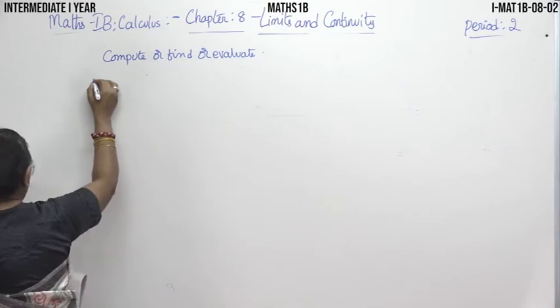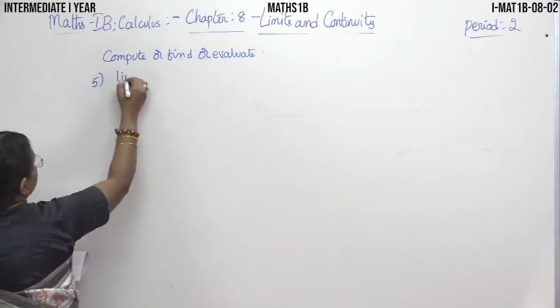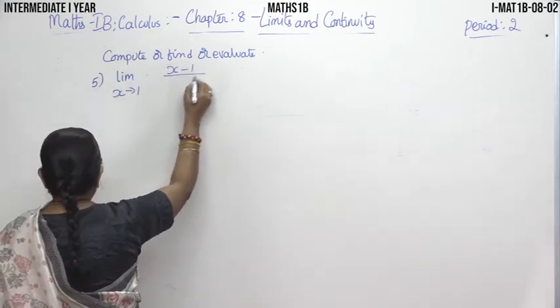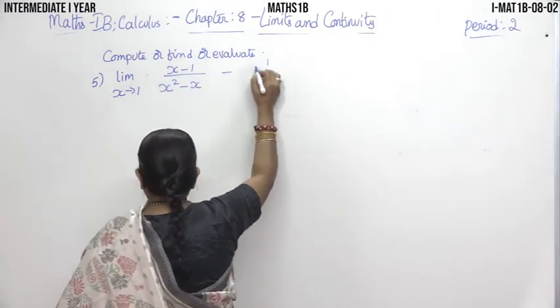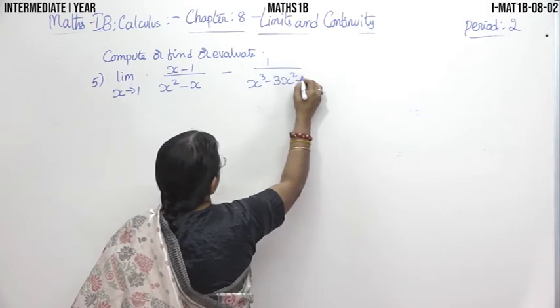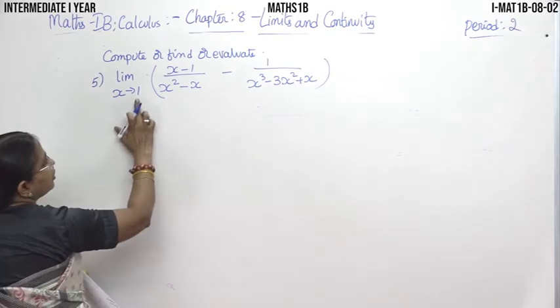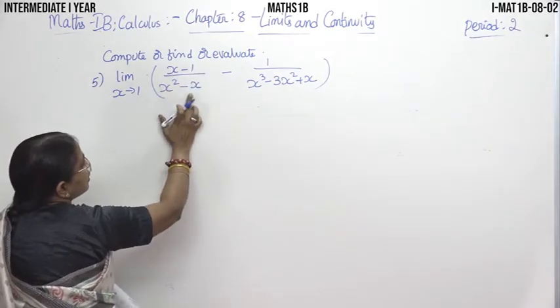Okay, fifth problem. Limit x tending to 1 of x minus 1 by x square minus x minus 1 by x cube minus 3x square plus x. So if you just observe, when you put x as 1, this is 1 minus 1, 0. And this is also 1 minus 1, 0.